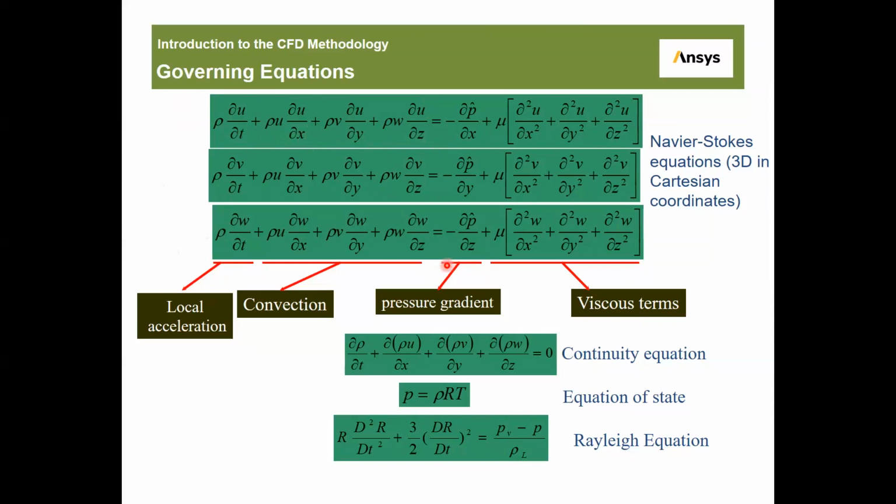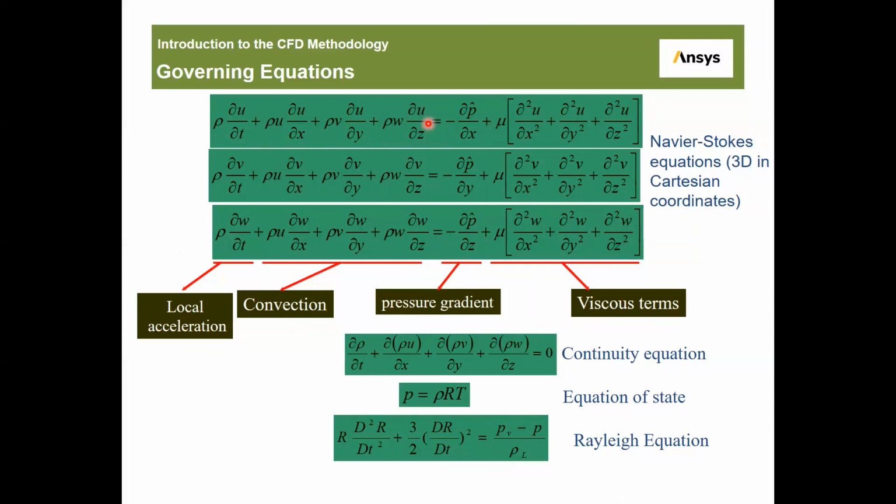And then this is the pressure gradient. If you have one room, let's say your class, and you open one window, and then you open the other window or door, the flow will come from the door to the window, right?